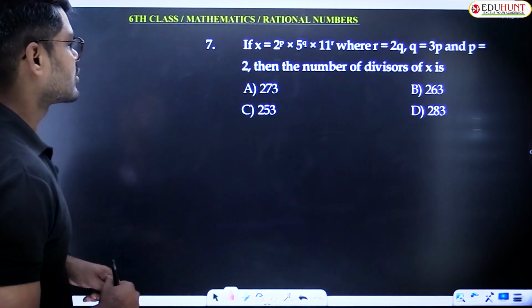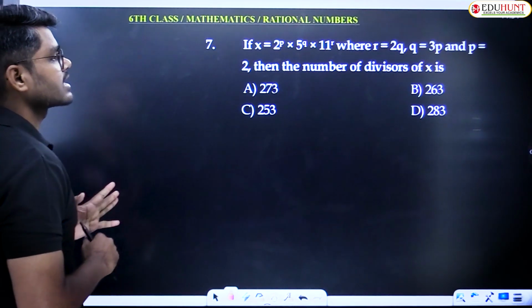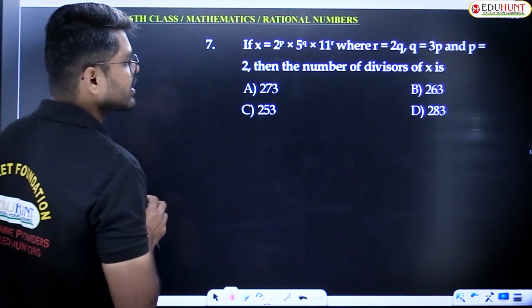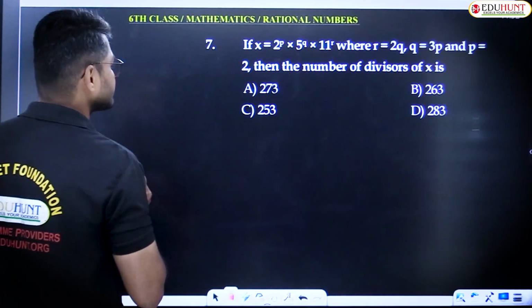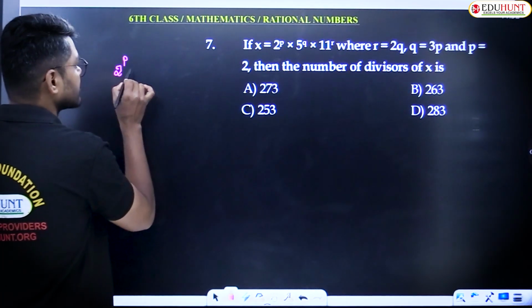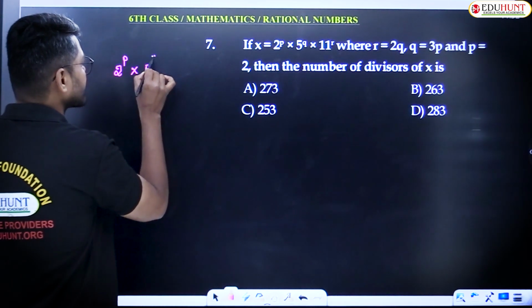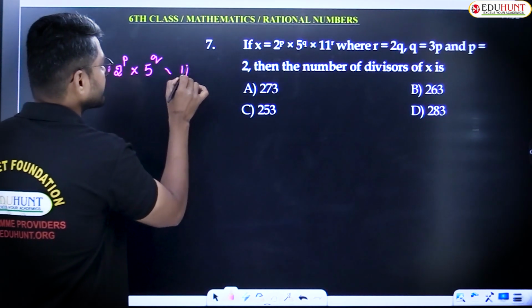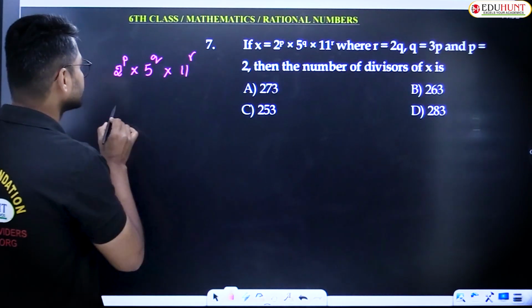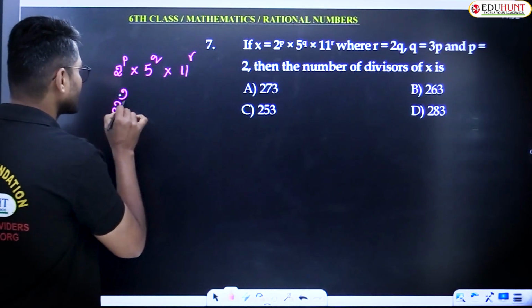If x is equal to 2 power p into 5 power q into 11 power r, where r equal to 2q, q is equal to 3p and p is equal to 2, then find the number of divisors of x. 2 power p, p value is 2, so 2 power 2.